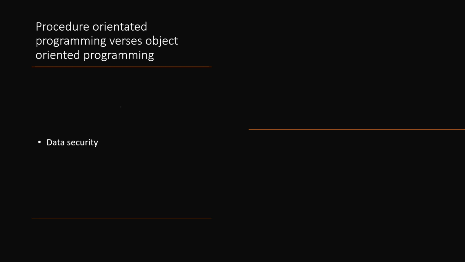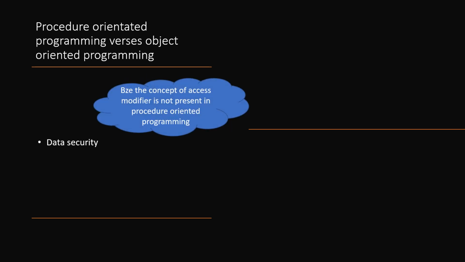I'll give an example. Procedure-oriented programming is C programming. In C programming, there is no security. Why? Because there is no concept of access modifier, so there is no data security.